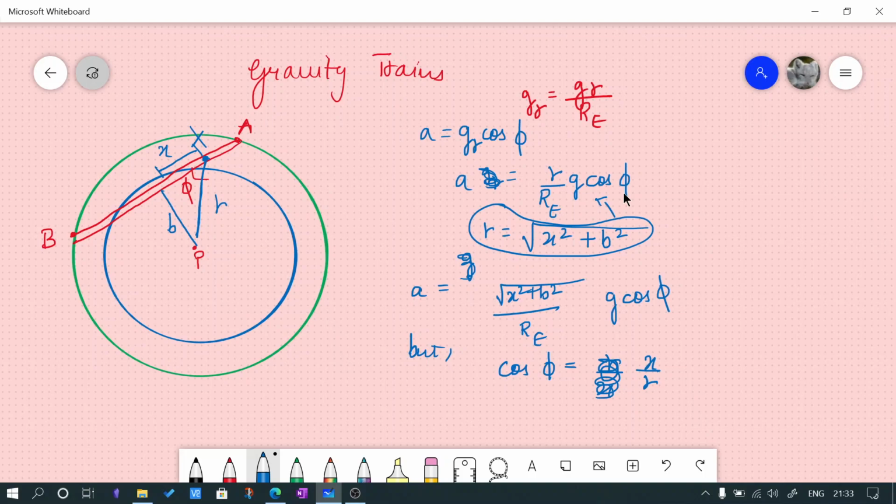So acceleration becomes root over x square plus b square upon R_e times x by r times g. Now r and this term get cancelled out, since r is nothing but root over x square plus b square. So the acceleration at this point turns out to be x by R_e times g.